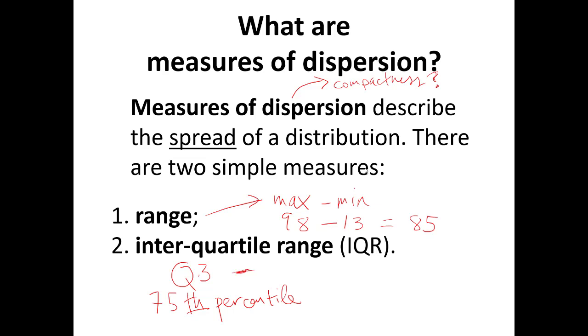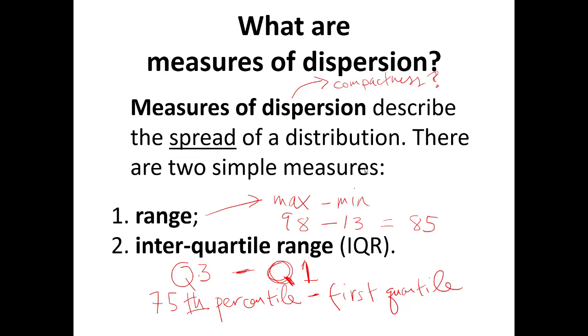And so we have that, and then we subtract the first quartile, so Q1. So that's the first quartile. And what this gives us is a range. What it shows us is that the first quartile is 25% less than the median, and the third quartile is 25% more than the median.